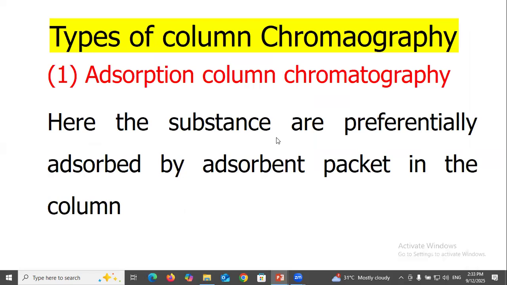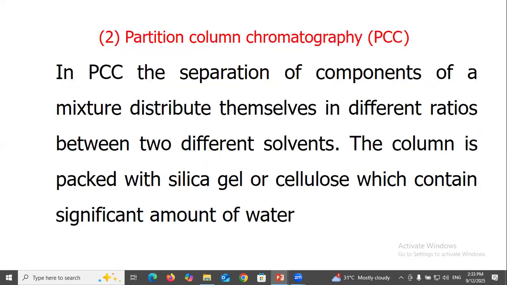Types of column chromatography. Adsorption column chromatography: the substances are preferentially adsorbed by the adsorbent packed in the column. Partition column chromatography: the components of a mixture distribute themselves in different ratios between two different solvents.